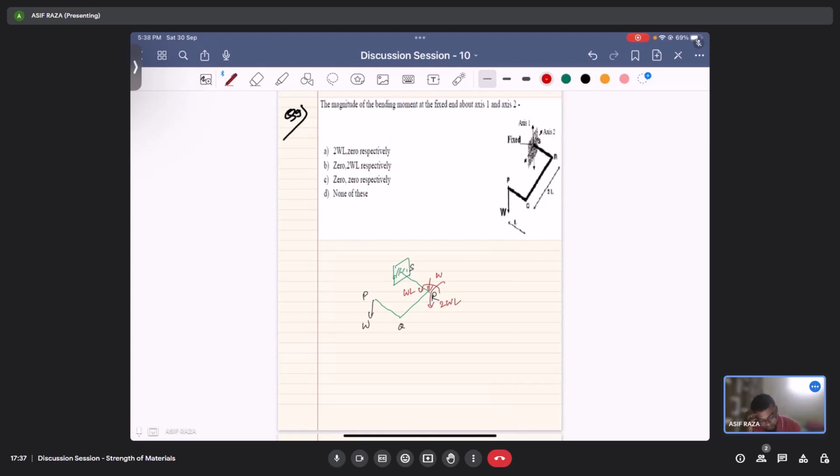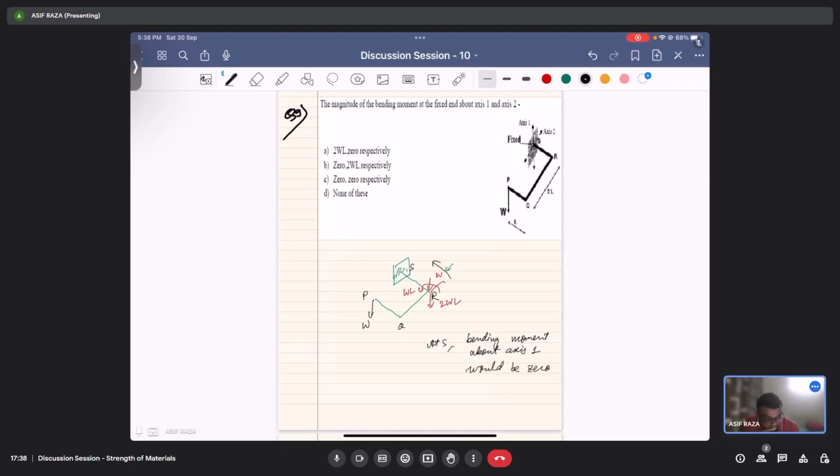Now because of this W, this bending moment WL would be decreased as we move further towards S from R to S, and at S the bending moment about axis 1 would be 0.